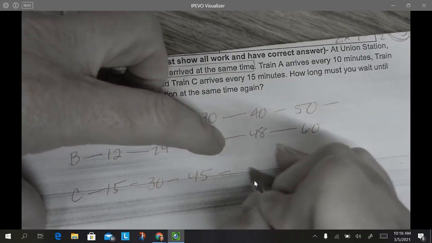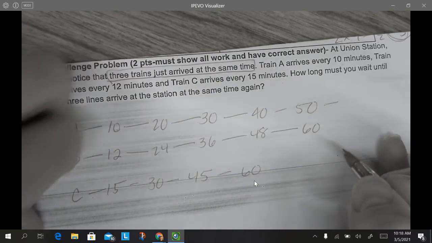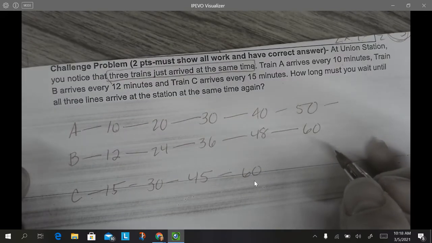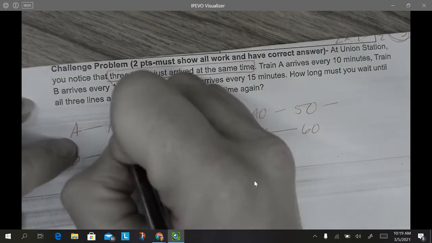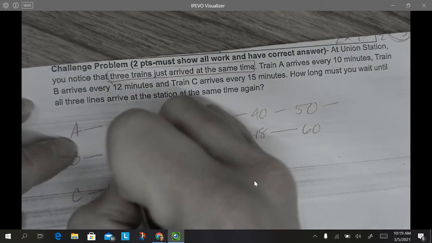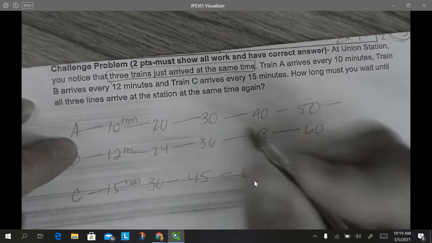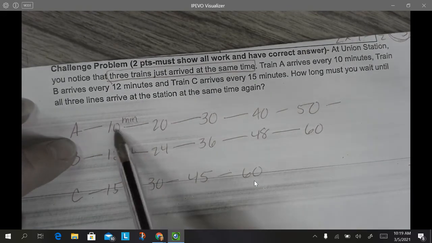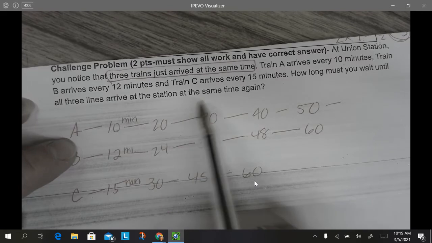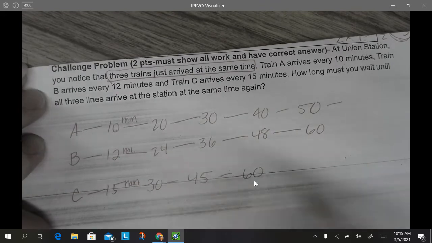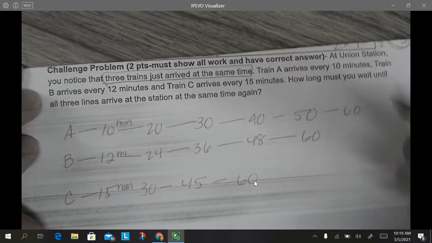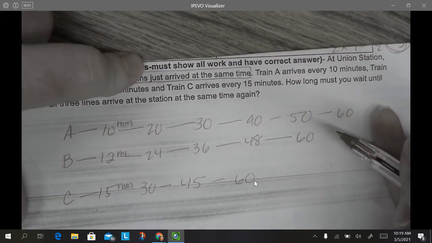And then the question I want to know is how long must you wait until all 3 lines arrive at the station at the same time? Well, these are minutes, right? So it's 10 minutes, 12 minutes, and 15 minutes intervals of the train arriving. If they want to know when you're going to see all these trains together, you would want to look at when they would all meet at the station at the same time.